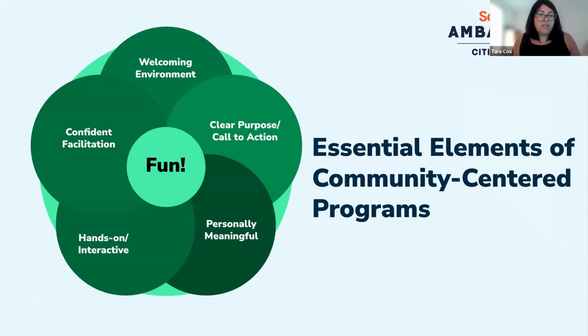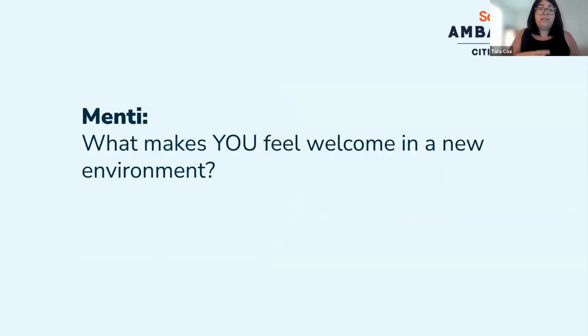So we've distilled them into these 5 categories, and we're going to go through them quickly. I could probably spend an hour on each of these elements, but since we only have 45 minutes, I'm going to go through them quickly, and then we're going to put them into action. So starting with welcoming environment, let's go back to the Menti.